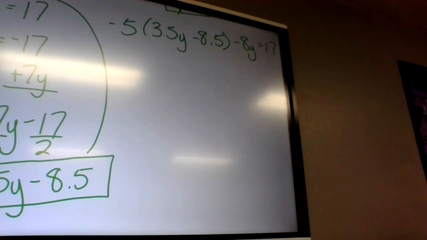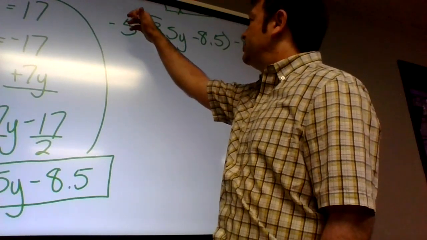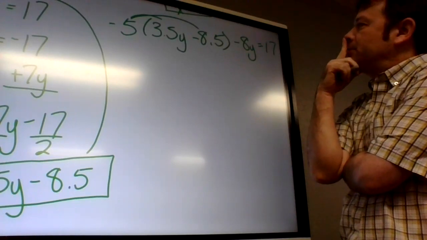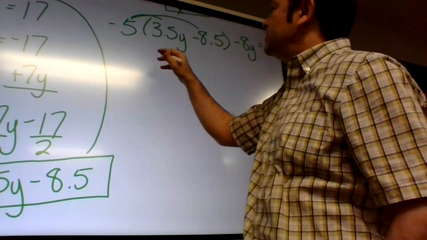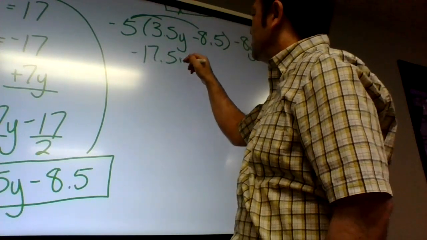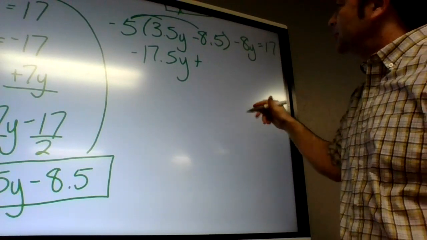That's the new top equation. Okay, distribute, oof. Let's see, that'd be 15 plus 25, I think it's 17, yeah, 17.5. Plus 40 plus 2.5.